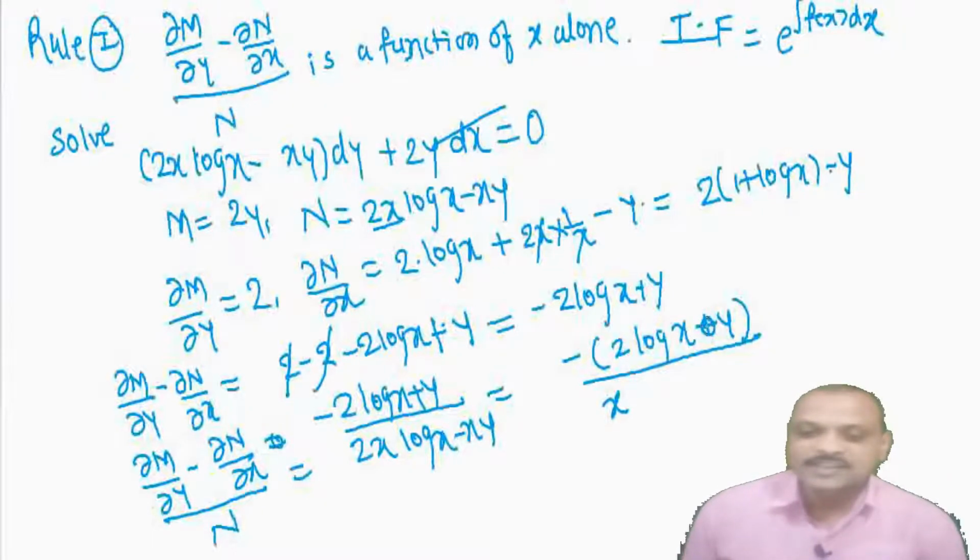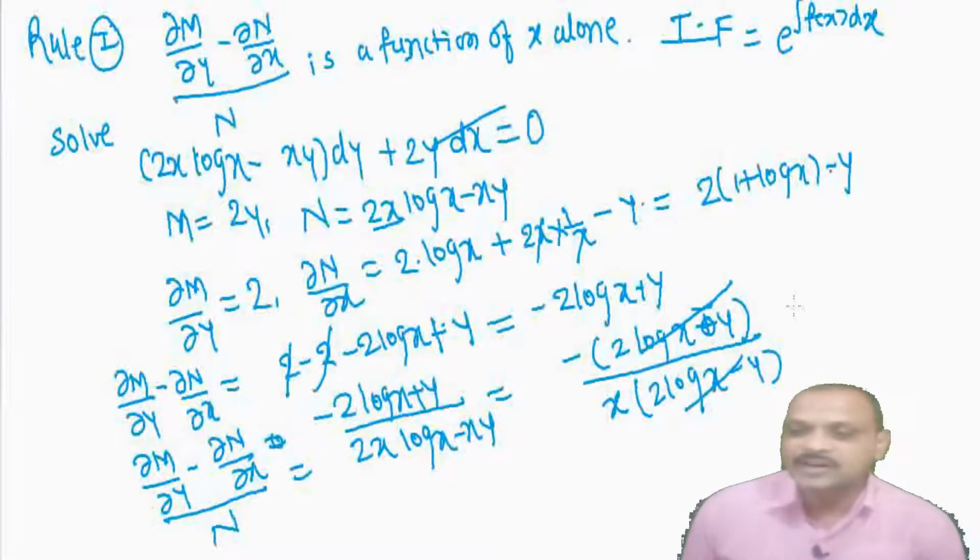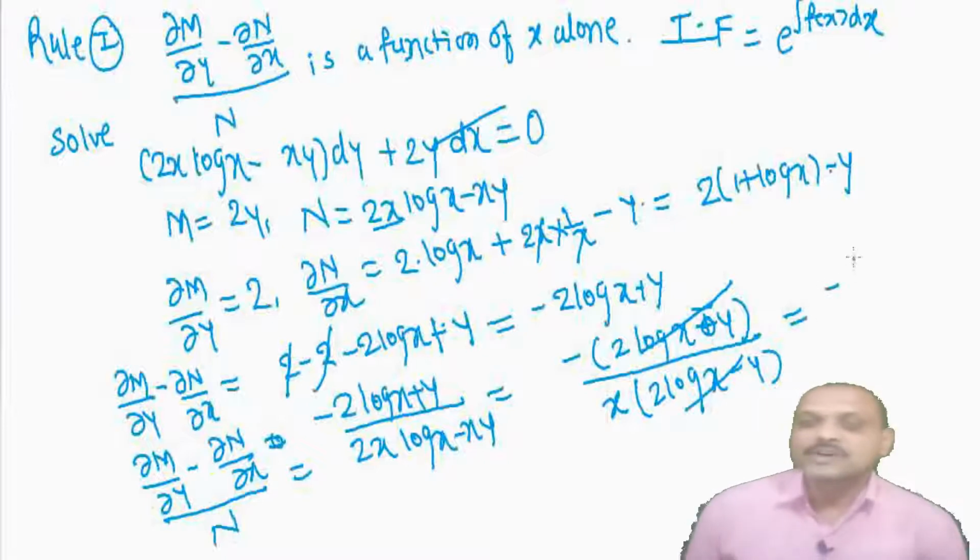Then you can see that here 2 into log x minus y, 2 into log x minus y will get cancelled, and we get minus 1 divided by x. Then what is the integrating factor? This is my f of x.